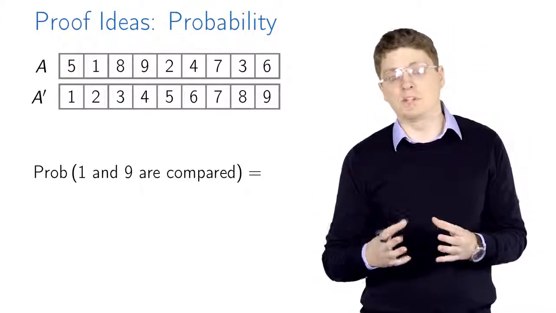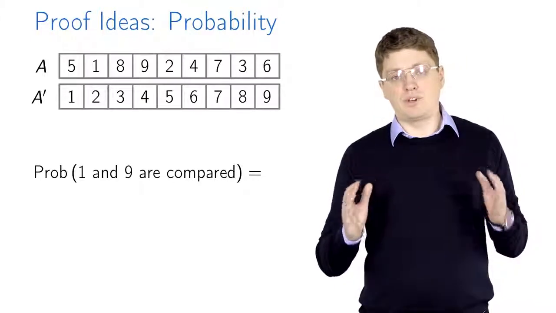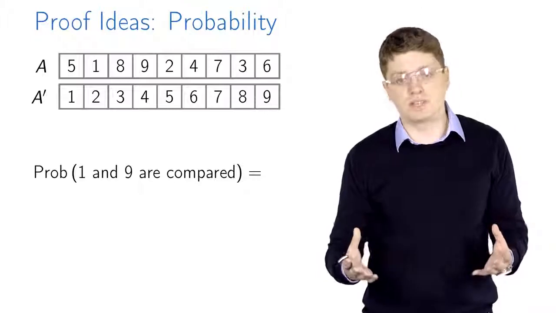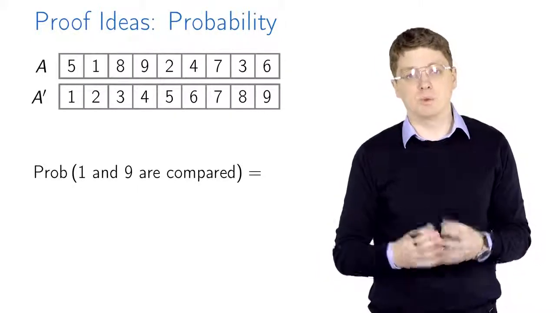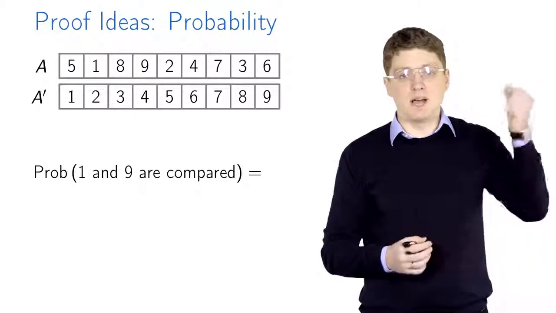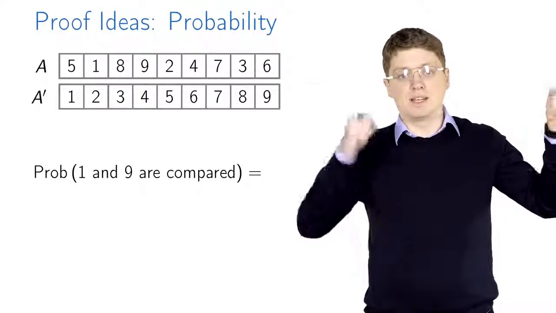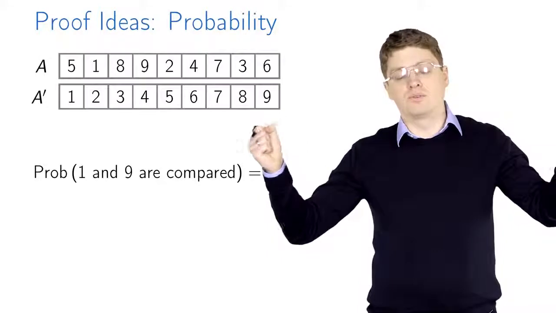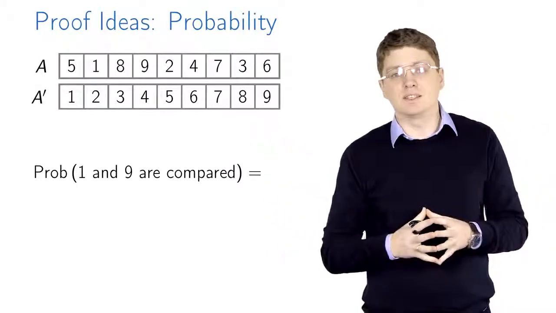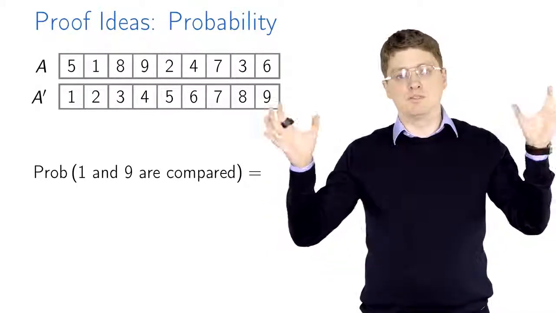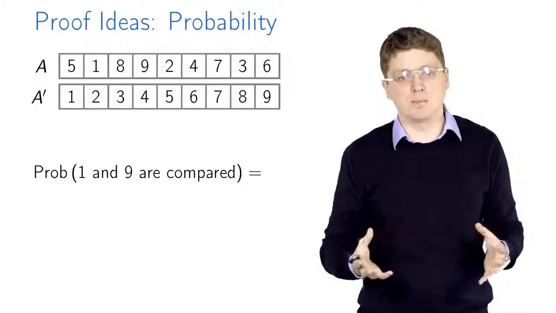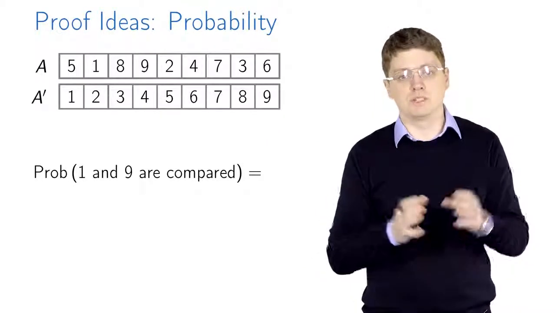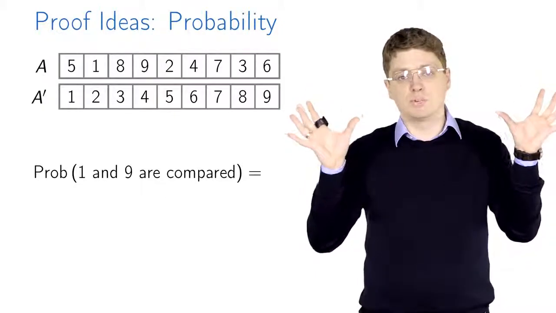So let's see what happens. Assume that in the very first call to the partition procedure, we select the element 3, for example, as the pivot element. So what happens? In this case, 1 will go to the left of 3, and 9 will go to the right of 3, I'm sorry. So in this case, 1 and 9 will be in different parts, and they will never be compared in further calls to the partition procedure, just because they are already in different parts.